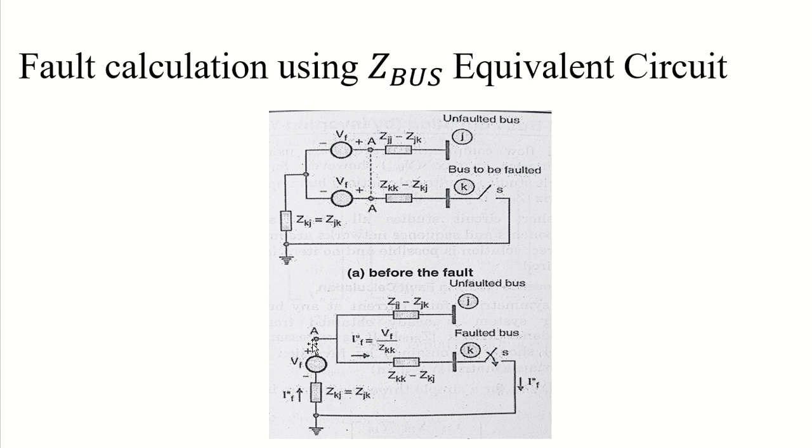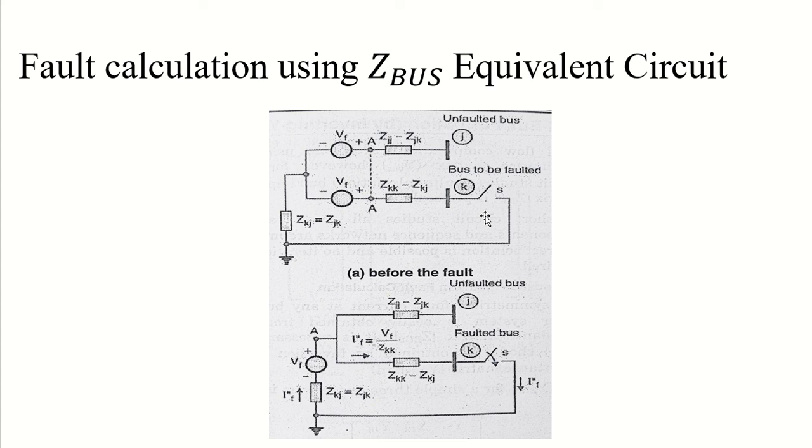Now you can see there is a switch I have put over the bus K. In the case when the switch is open, there will be no flow of short circuit current here, or in any branch of your network, right?